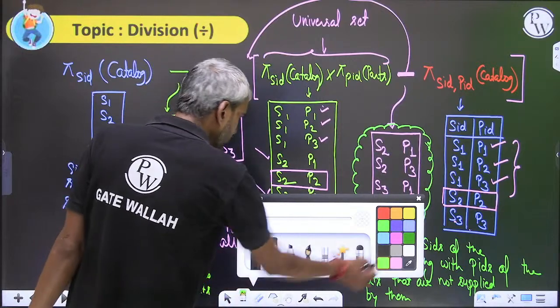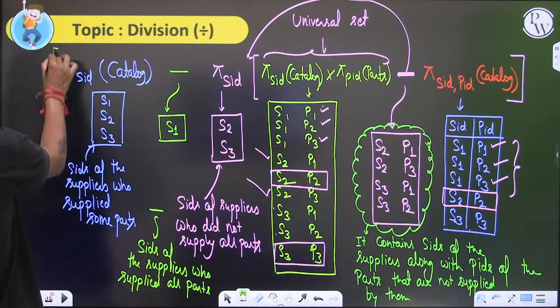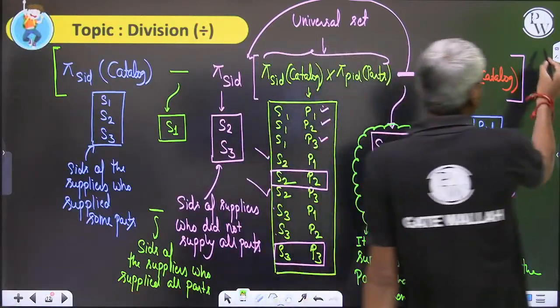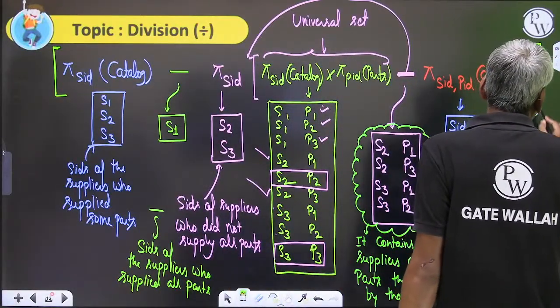So once we perform this subtraction, whatever you are going to get will be the SIDs of all the suppliers who supplied all parts.